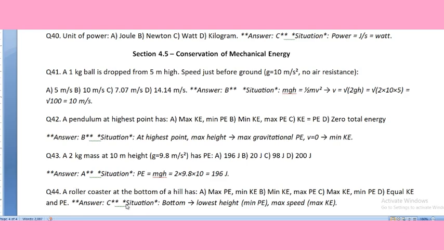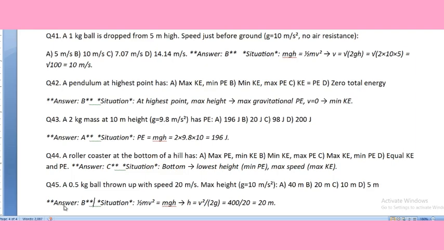The next question, question number 44. A roller coaster at the bottom of the hill has, choice A, maximum potential energy, minimum kinetic energy. Choice B, minimum kinetic energy, maximum potential energy. Choice C, maximum kinetic energy, minimum potential energy. Choice D, equal kinetic energy and potential energy.